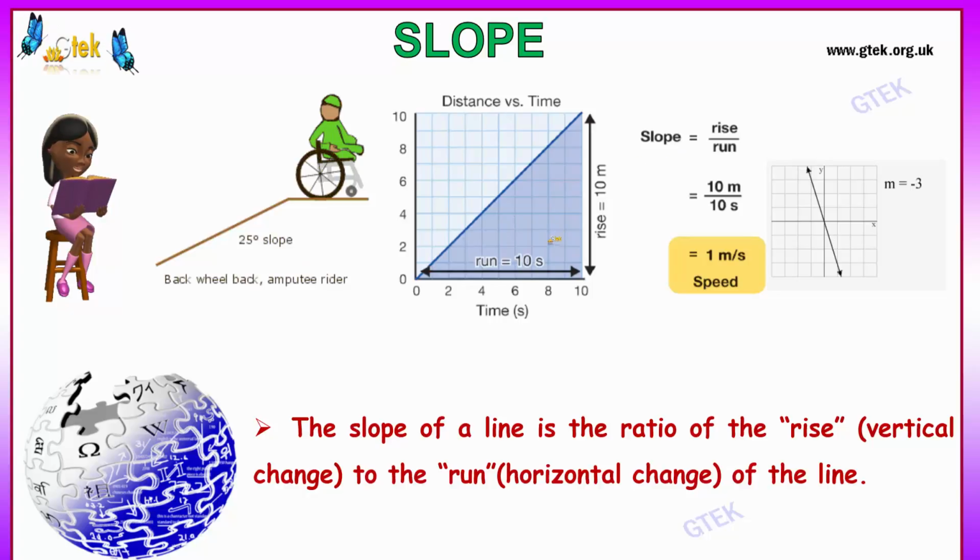Rise divided by run gives the slope. So you can see 10 meters is the rise and the run is 10 seconds. So obviously you will get 1 meter per second as the speed or slope. The slope of your line is the ratio of the rise to the run of the line.